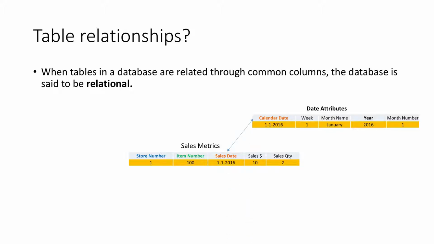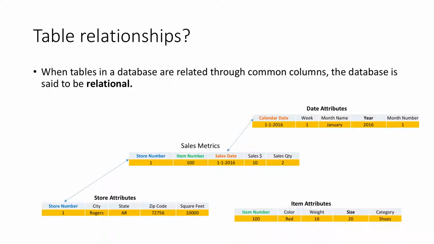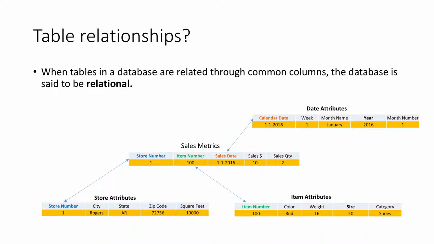So we have a date attribute table that's related to the sales metrics table, and they're connected on sales date. We have a store number that's in the metric table, right? And it's connected on store number. And you see we have a store attribute table. And we have an item number or item attribute table that's connected to the metrics table through item number. And if you look, all of these tables are related directly or indirectly.